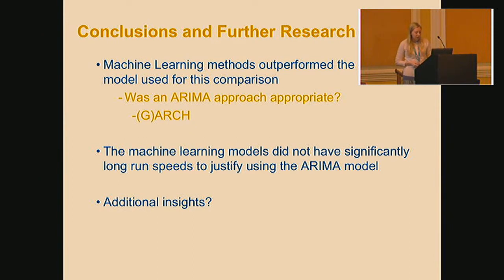And then additional insights: as the machine learning model provided better predictive accuracy in the same amount of time, you could gain additional insights by what you could do with the time that you've saved by having a better predictive model.